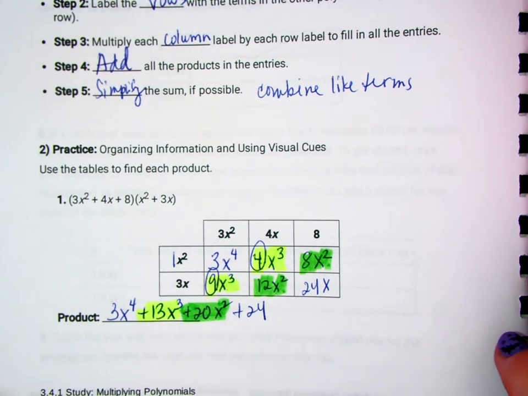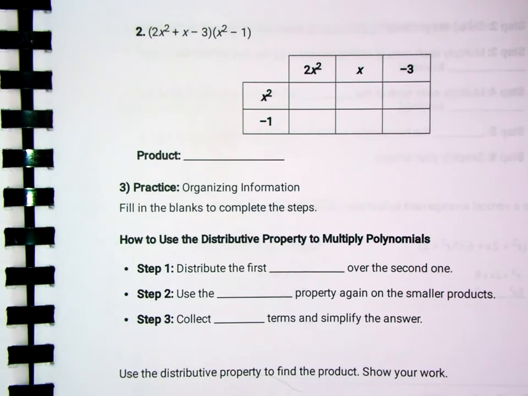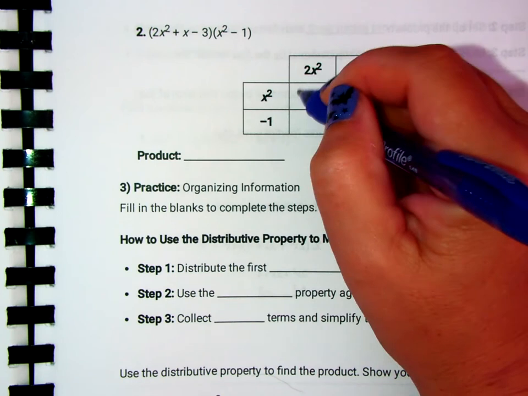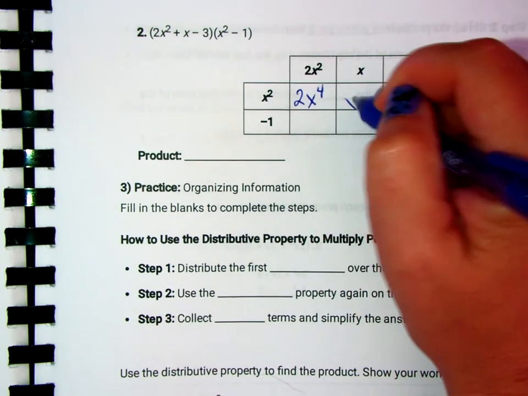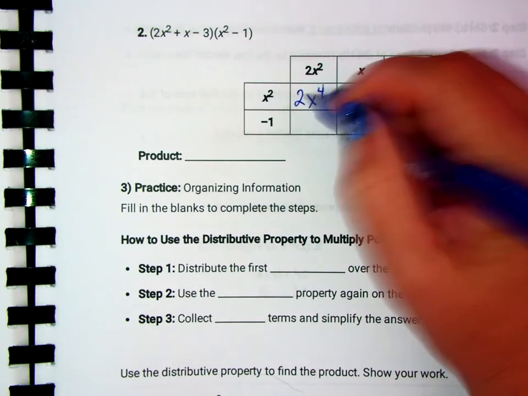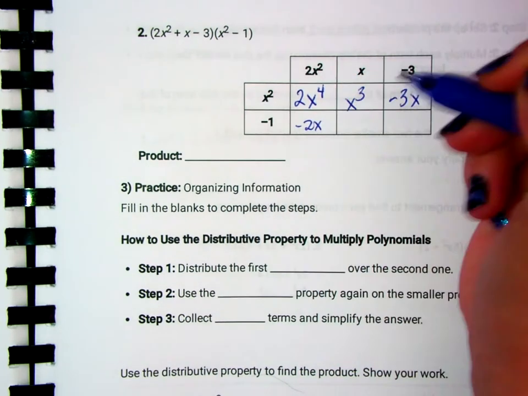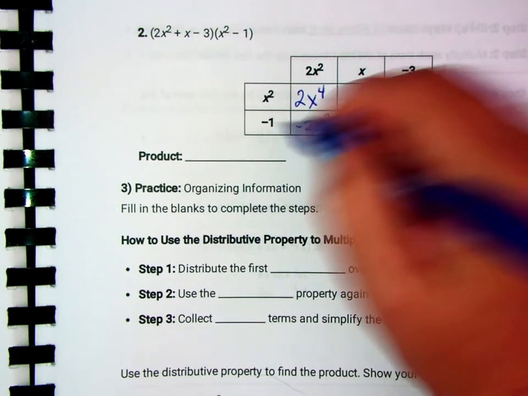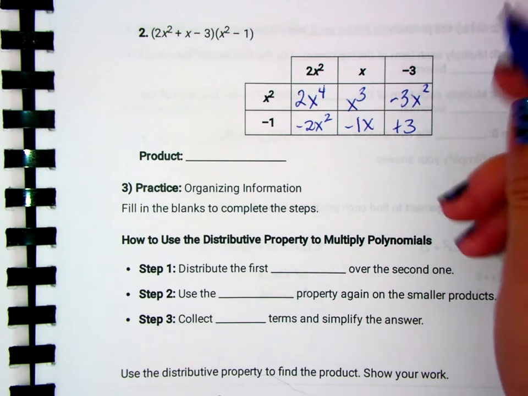All right, let's try another one with negatives. All right, so here we go, already listed out for us. x squared times 2x squared will be 2x to the fourth, x to the third, negative 3x squared, negative 2x squared, negative 1x, and negative times a negative is a positive.